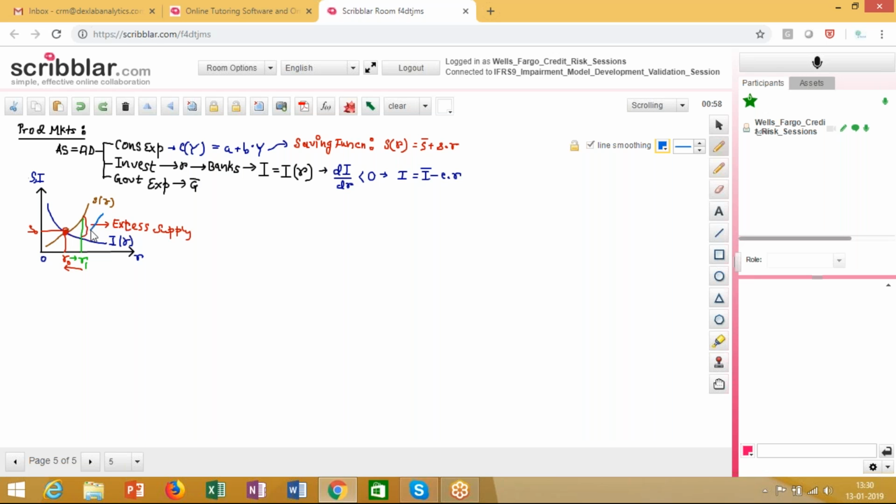So you will see that with an increase in the cost of borrowing, the banks are willing to lend out a lower amount of funds, and the equilibrium will happen at F1, whereas the previous equilibrium happened at a higher value F0.